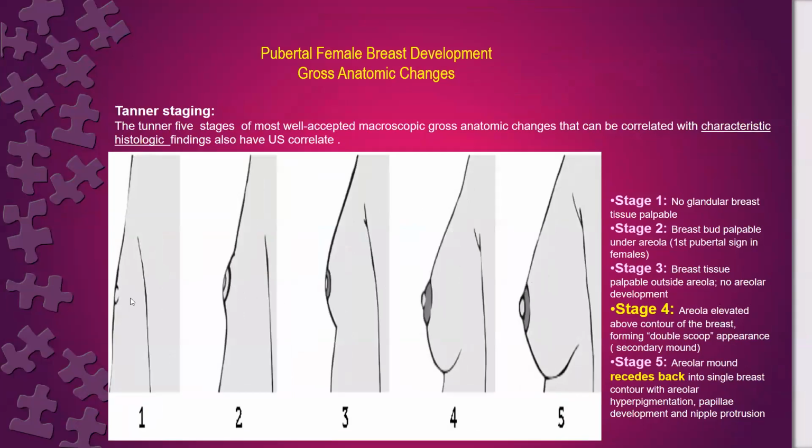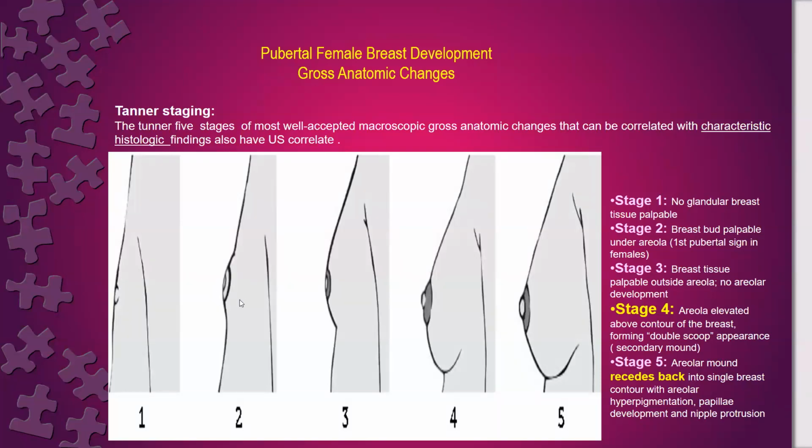And these are the Tanner stagings, stage 1, 2, 3, 4, and 5. And we said thelarche corresponds to Tanner 2. Before that, the child has Tanner 1.